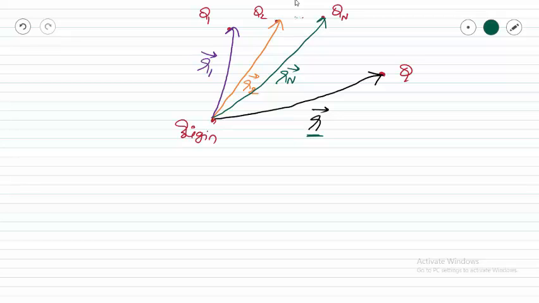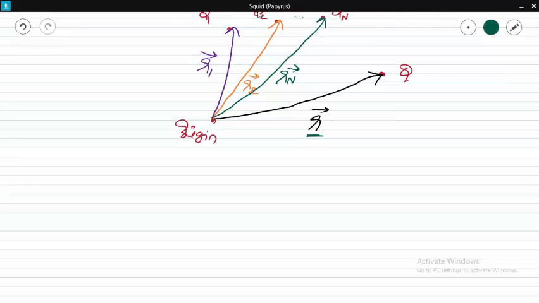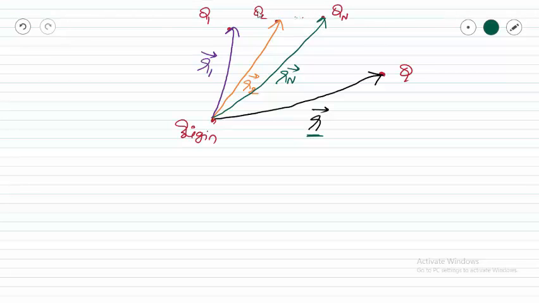According to superposition, when I want to find the force acting on q due to all the charges, I will first consider only q1, and find the force acting on q due to q1 alone, assuming that q2 and so on up to qn are not present.